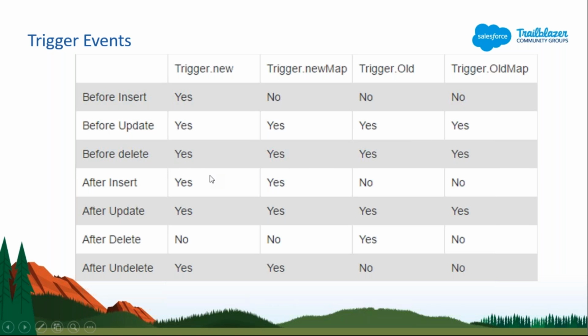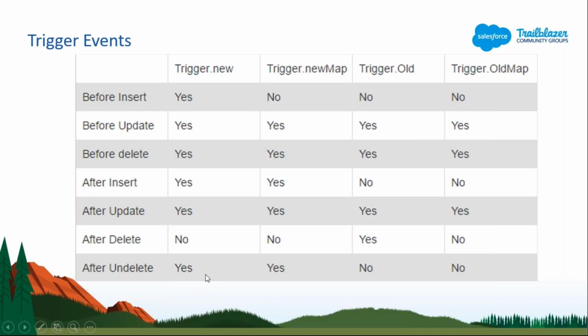In delete, it will have all those things. After insert, it will have Trigger.new, but it will not have Trigger.old, because we are inserting, and the same goes for oldMap. For after undelete, it will have Trigger.new, because we are recovering that data.